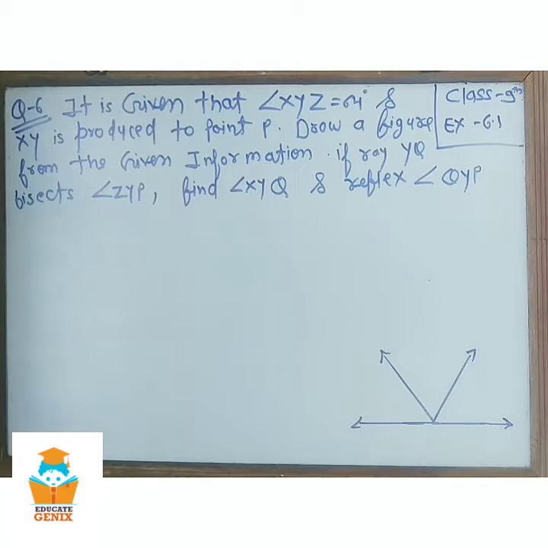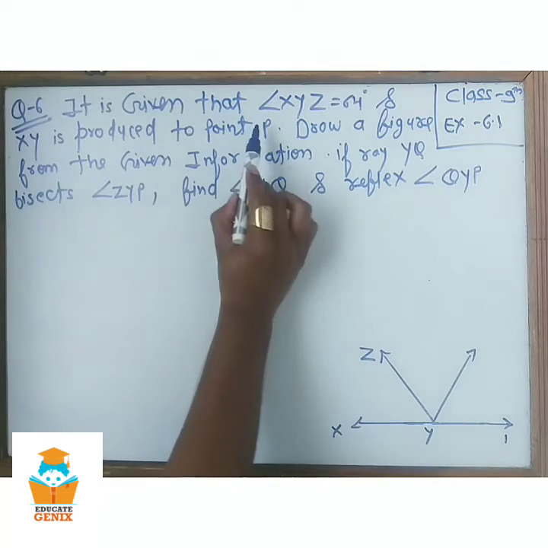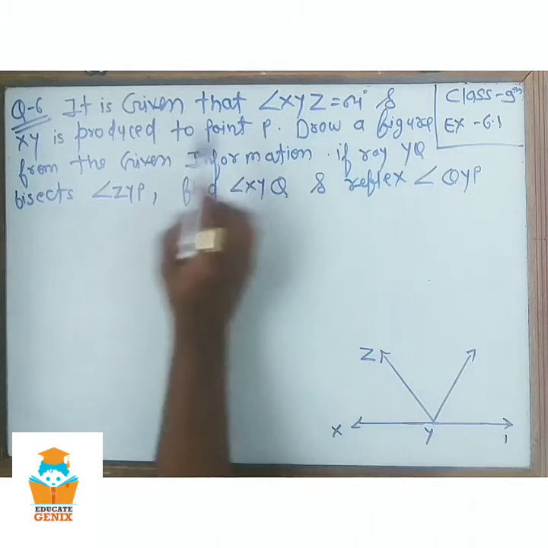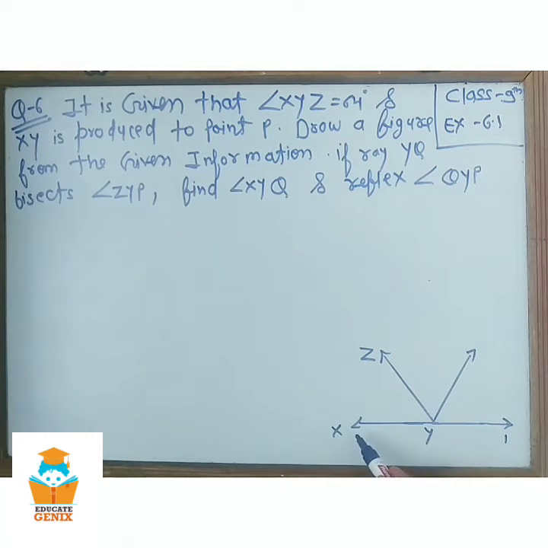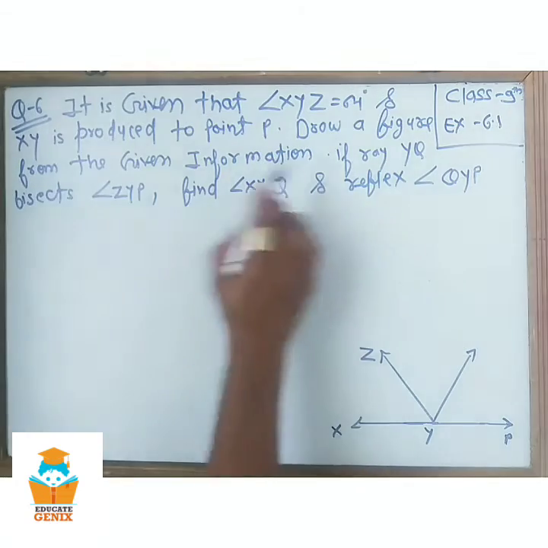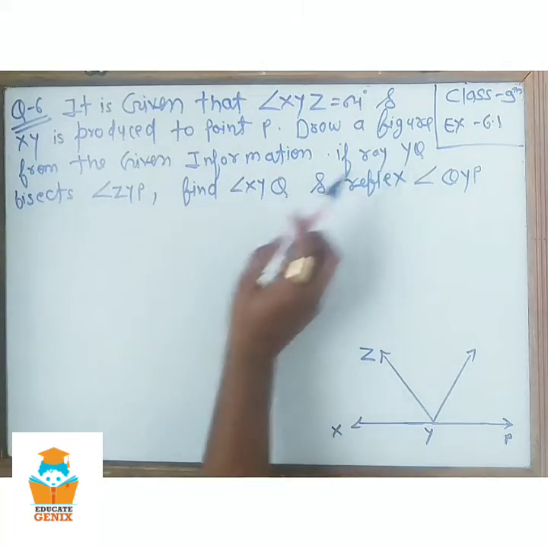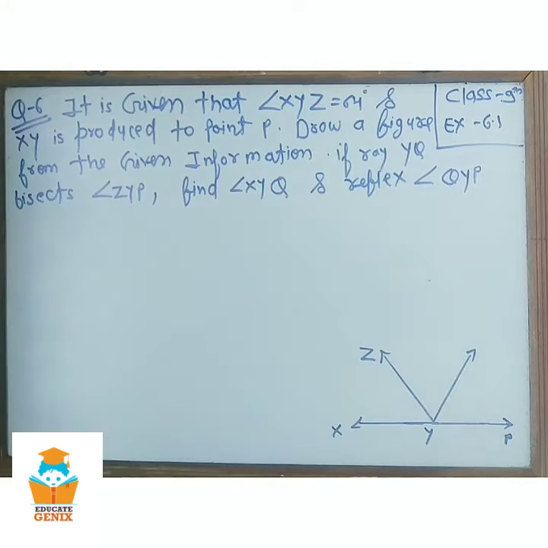So here we are going to mark our angle XYZ. It is already given that angle XYZ equals 64 degrees and XY is produced to point P. Ray YQ is bisecting angle ZYP.